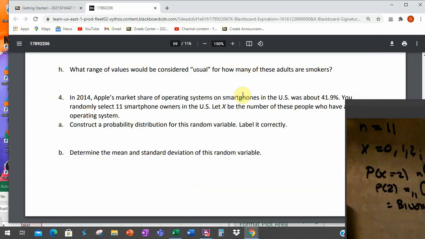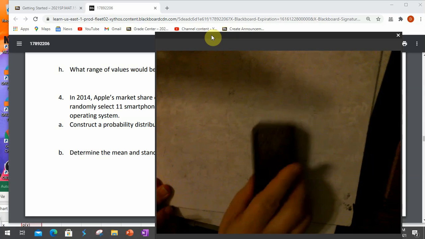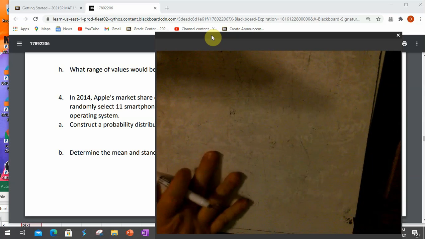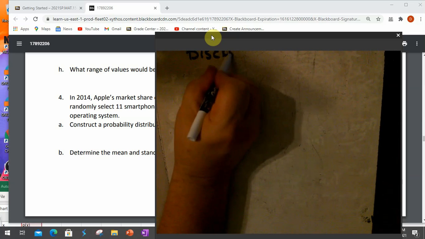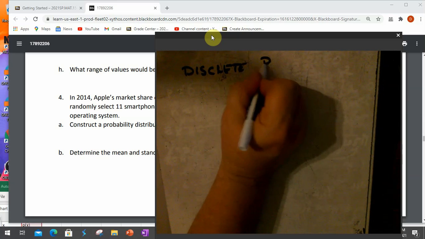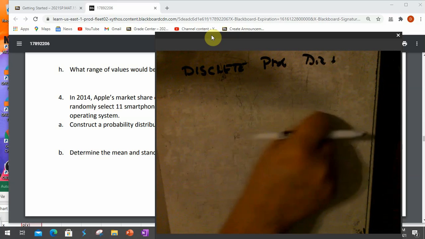Remember, let me pull this up. Let's back up, do a quick review. Discrete probability distributions. Discrete is only certain values.